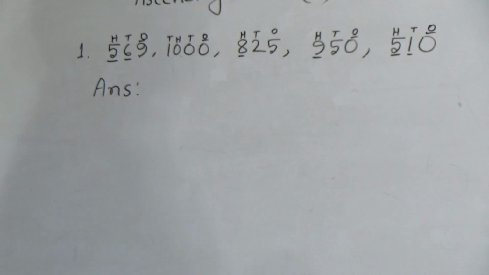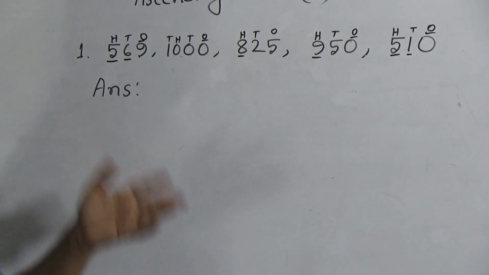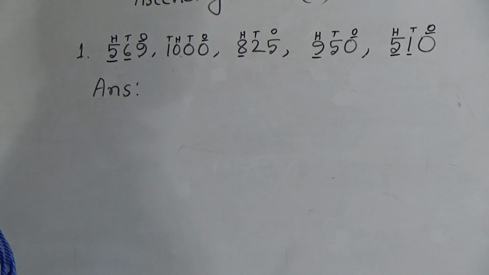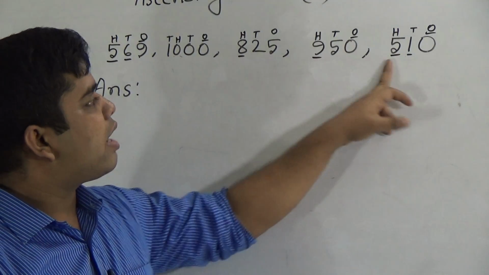I repeat, at first we check the 100 place digit of a number. Okay. So then we take a decision which one is the smallest. Here 5, 0, 8, 9 and 5.